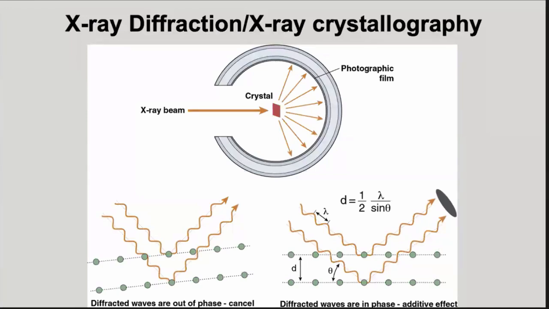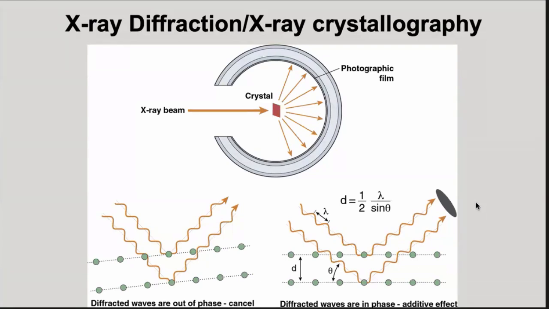The energy of those waves is actually multiplying. And because this is happening throughout the crystal, it's actually going to end up focusing a very strong beam of X-rays on the photographic film. It'll hit the photographic film, and this little black oval here I drew on purpose, that represents the beam of X-rays actually exposing the photographic film and making a black dot on the film.